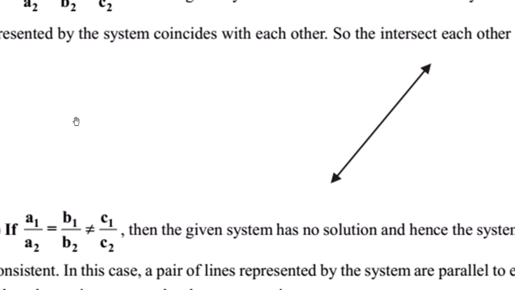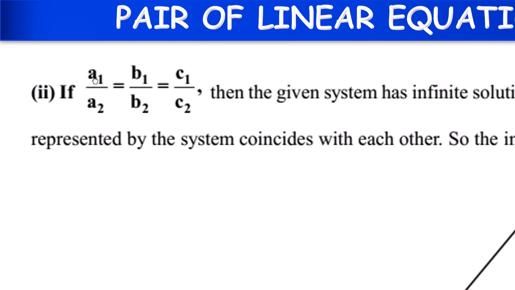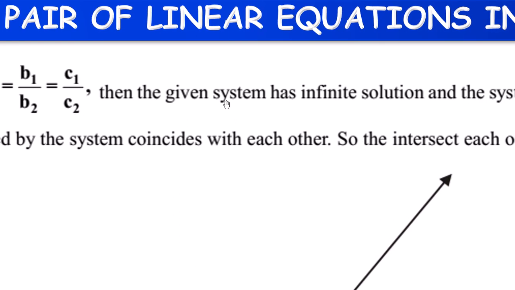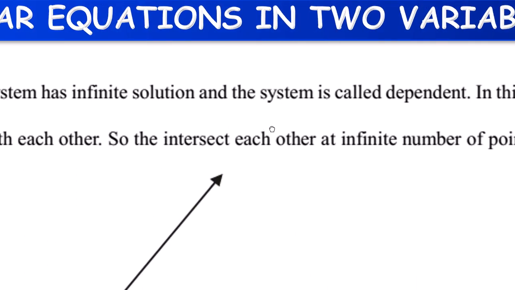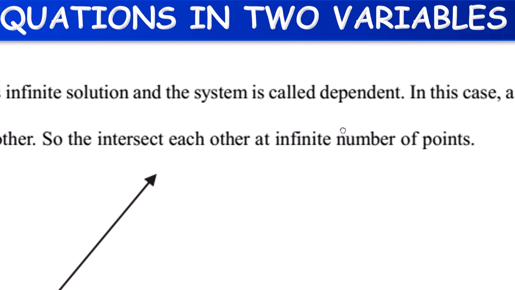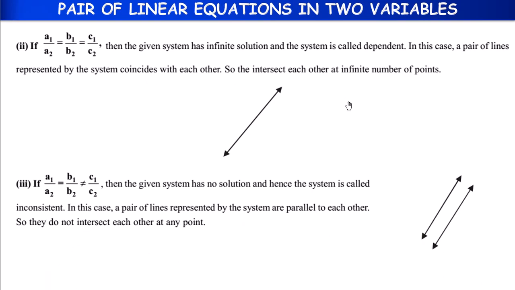Suppose a1 by a2 equals b1 by b2 equals c1 by c2, which means the ratio of x coefficients, ratio of y coefficients, and ratio of constants are equal to one another. Then the given system of equations has infinite solutions, and it is called a dependent system of equations.